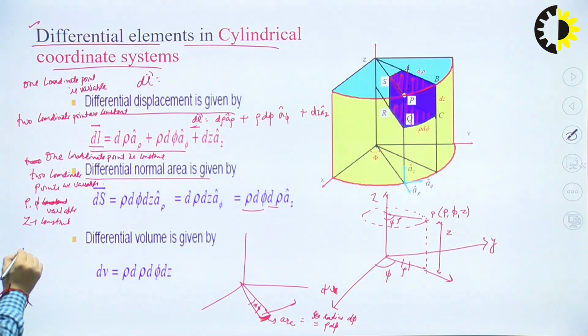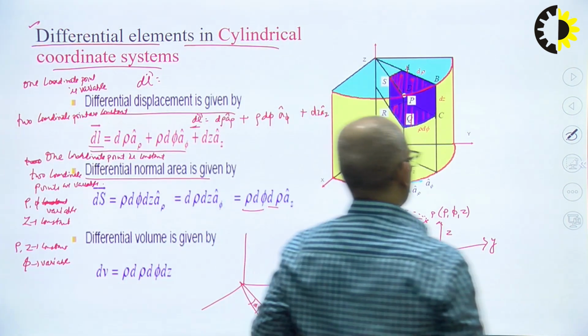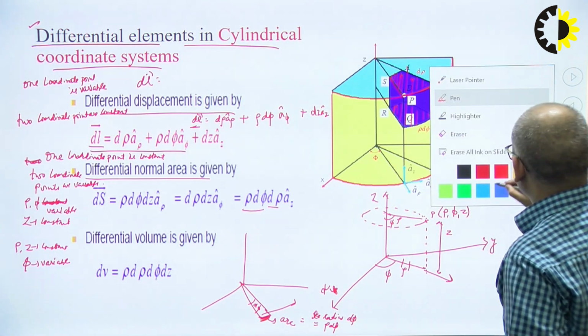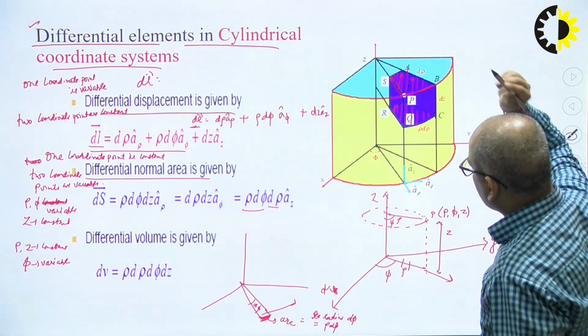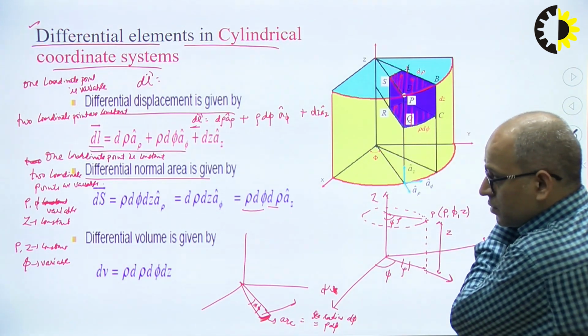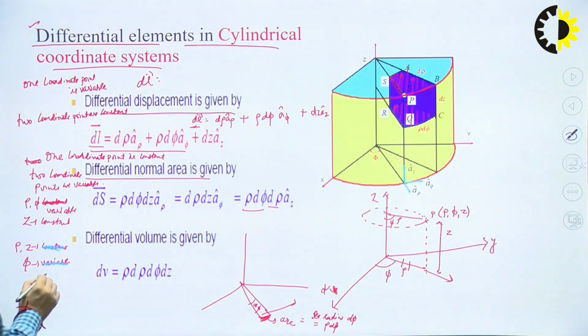Now the second case: when phi is constant and rho and z are the variables.